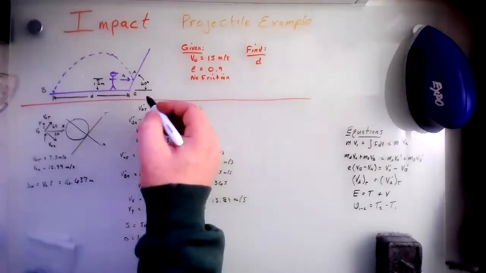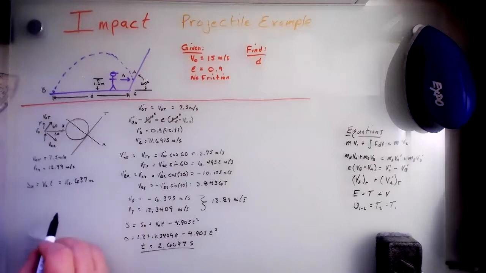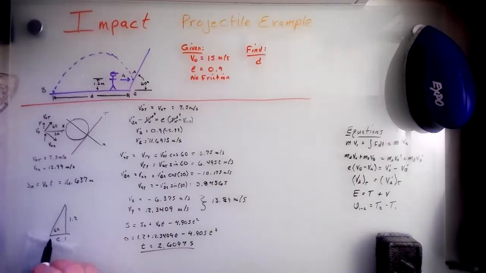So let's call that, I'll just call it C, right? So that length C, what is that? If we draw a triangle of that, then this right here is 60. This is 1.2, and we need this distance here. So what do we got? We can use the law of sines. Well, let's see, this is 30. Right, yeah, sure, why not? Law of sines.